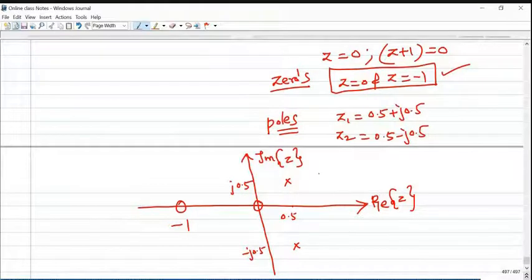To find the stability of the system, we must draw a circle with the radius of 1. Okay, draw a circle with the radius of 1.